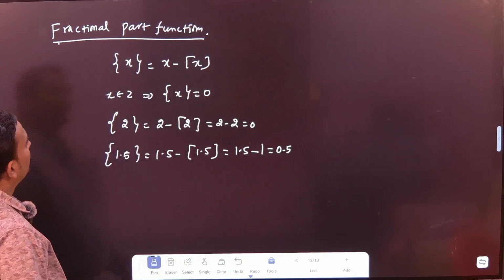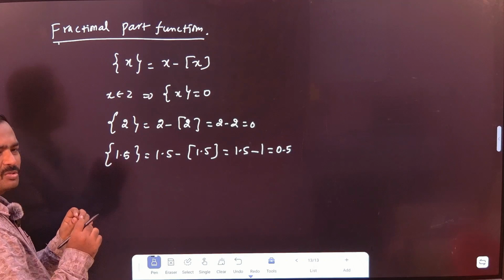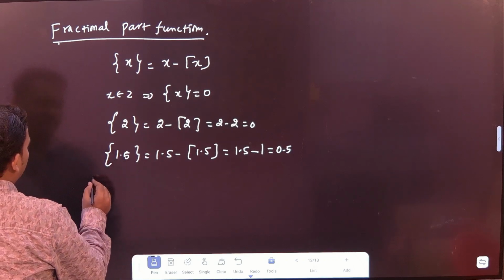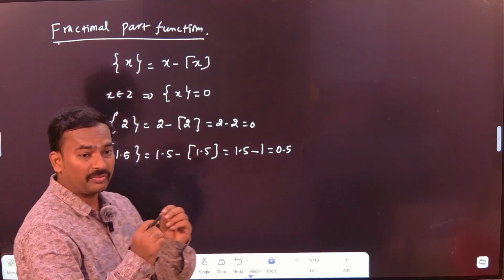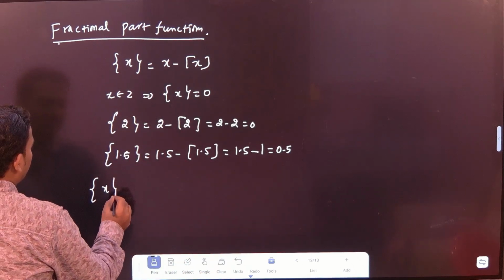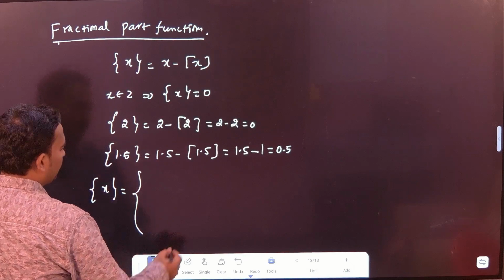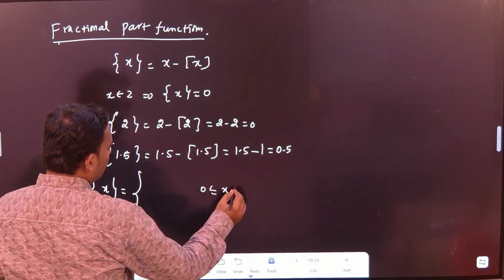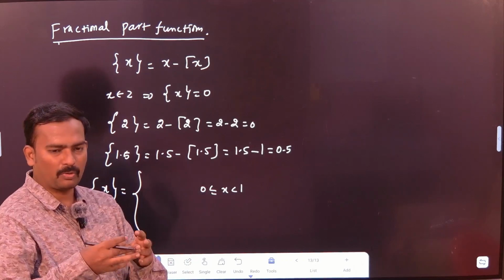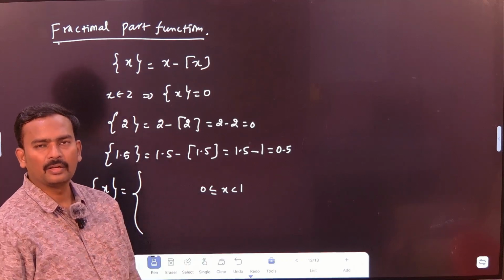Clear? Okay. So then how to define the fractional part function? You can see here, when you take 0 to 1, that means 0.1 to 0.999 you are taking, right?